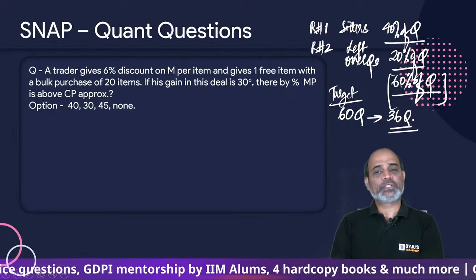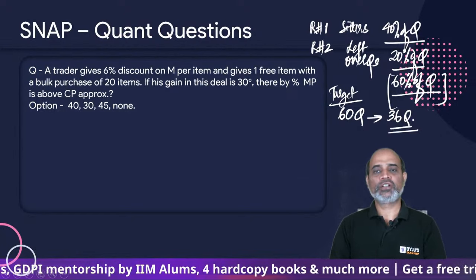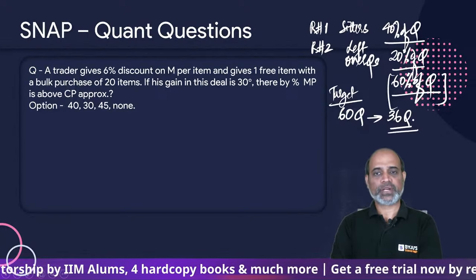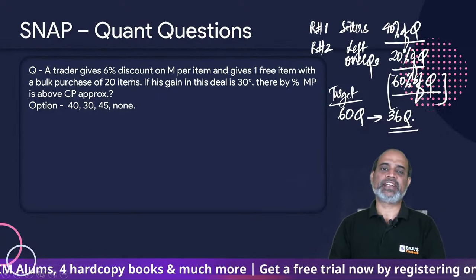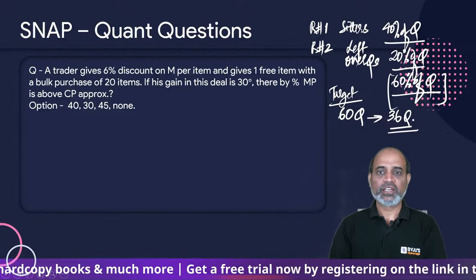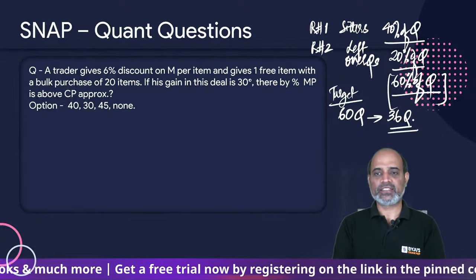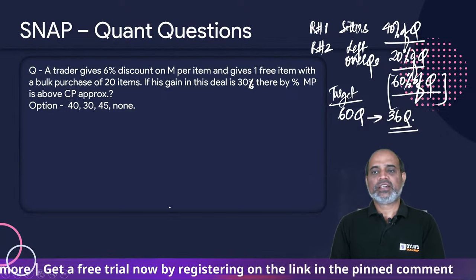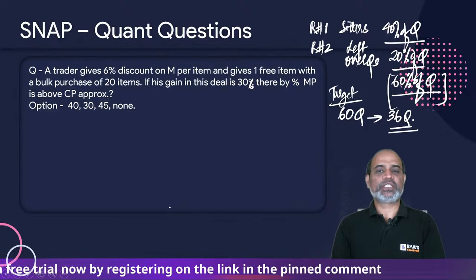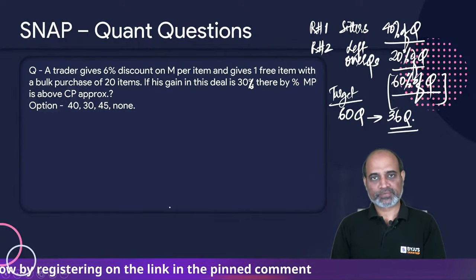A trader gives 6% discount on marked price per item and gives one free item with a bulk purchase of 20 items. If his gain in this deal is 30%, then the percentage markup above cost price is approximately what?